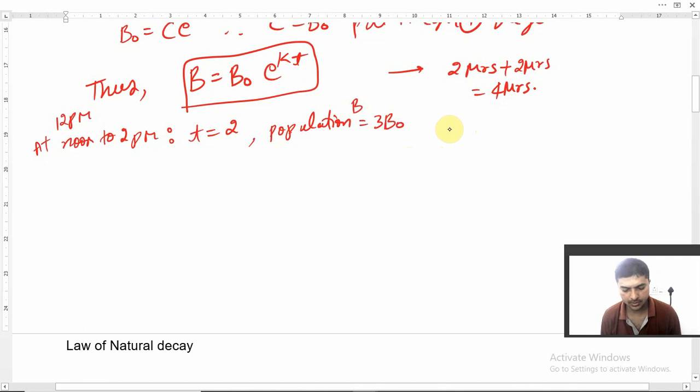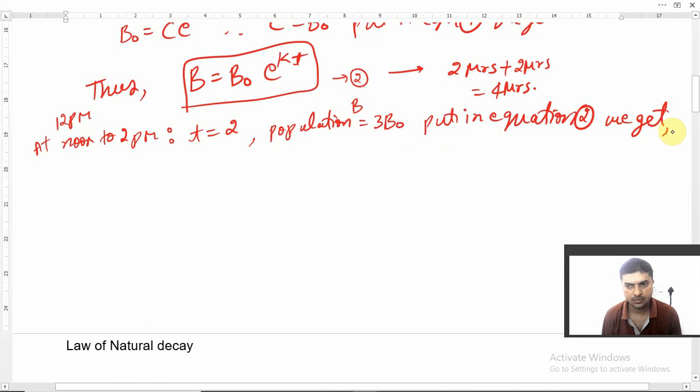So I'm going to substitute in equation 2. We get, yes friends, 3 b naught is equal to b naught as it is, no change, e raised to k is constant as it is, t into 2.